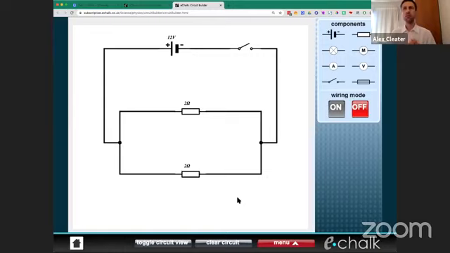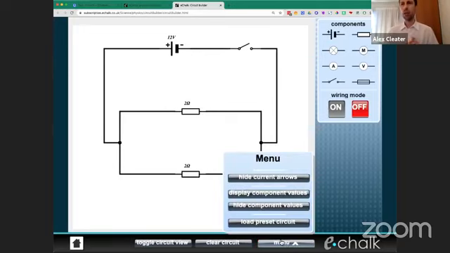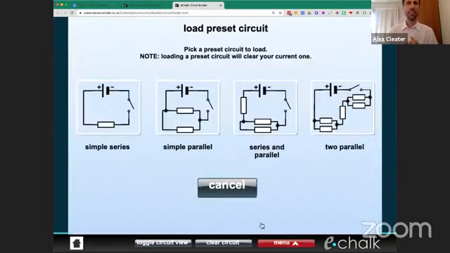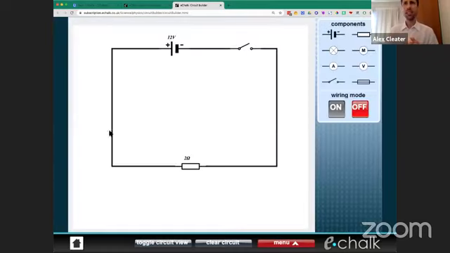Actually, I totally lied. Click on the menu, please, the menu button at the bottom in red. Click on load preset. Click on simple series on the left. I'm going to get you to turn a series circuit into a parallel circuit.